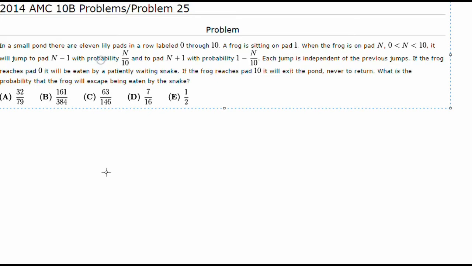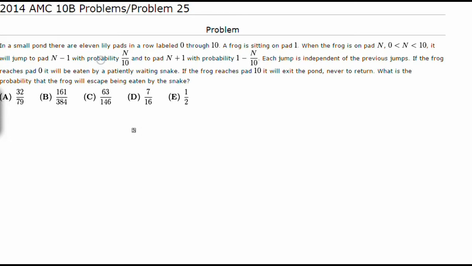Okay, the solution. So, the 11 lily pads labeled in a row 0 through 10. A frog is sitting on pad 1, and the frog is on pad n. Okay. So, how do we go about this? Usually, when you face these types of probability problems, with probability going forward being this and probability going backwards being this, you usually want to make a flowchart.